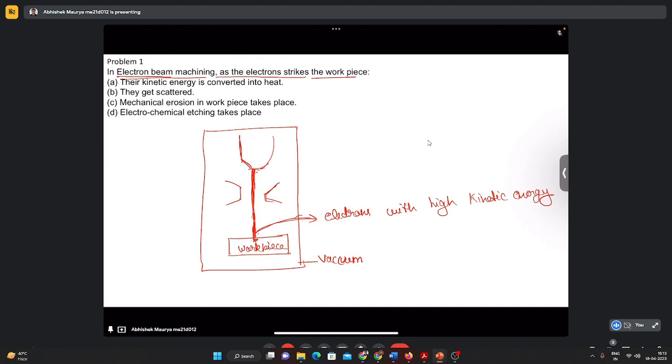A high amount of heat is produced in a very small region, because of which the material gets melted or vaporized, and that's how material removal takes place in electron beam machining.